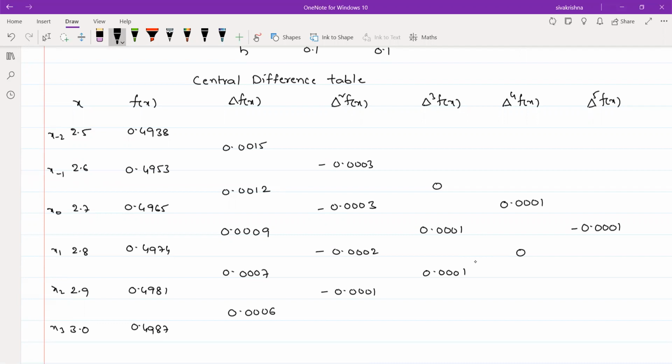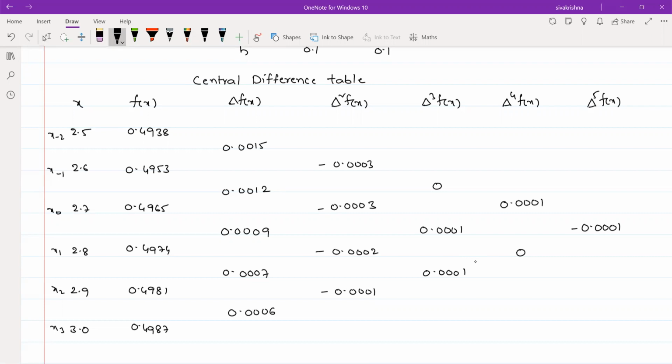Okay, and the corresponding y values should be named as y suffix minus 2, y suffix minus 1, y naught, y1, y2, and y3. And similarly, coming to the names of first differences, the name of the first value in the first difference is delta f of minus 2. Coming to the second one, that is delta f of minus 1. So in this way, we have to remember the names of the values in the table.